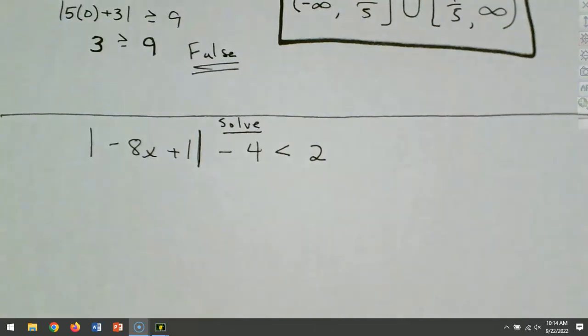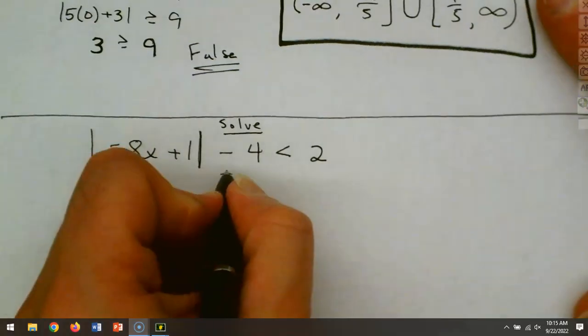Before we do anything else, just like when we had an absolute value with an equal sign, we need to make sure that that absolute value is by itself on the left. So before we apply any other rules, what do we do first? We have to add what? We have to add that 4, don't we? Right? So make sure when you work with these that the absolute value is by itself on the left.